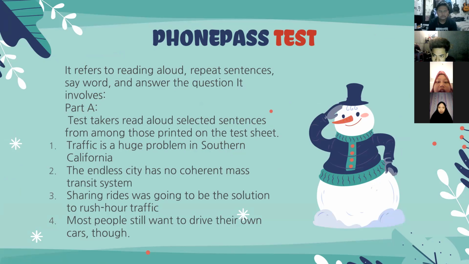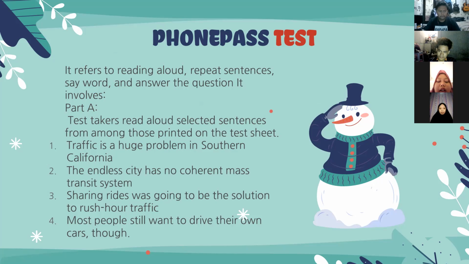And then there is the PhonePass test. The PhonePass test refers to reading aloud, repeating sentences, saying words, and answering questions. The first step is part A. Test takers read aloud selected sentences from among those printed on the test sheet.